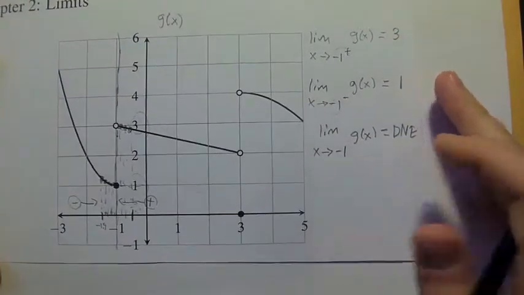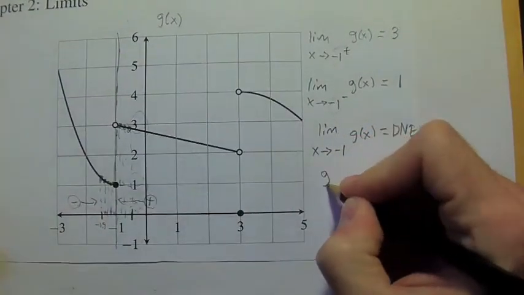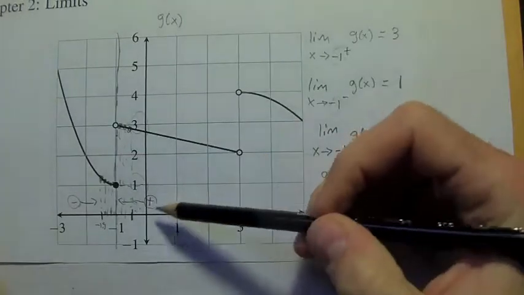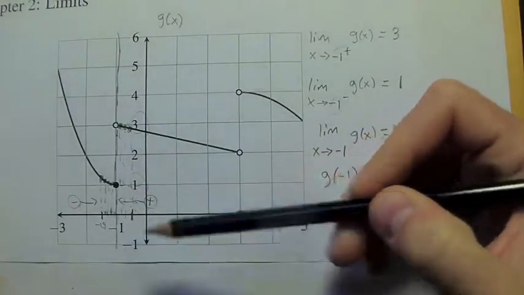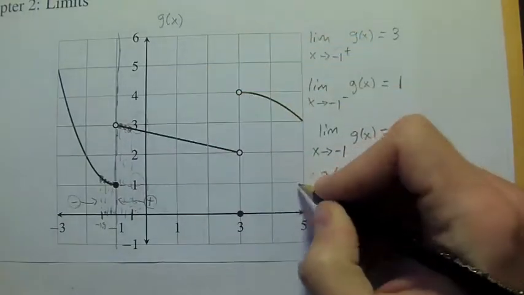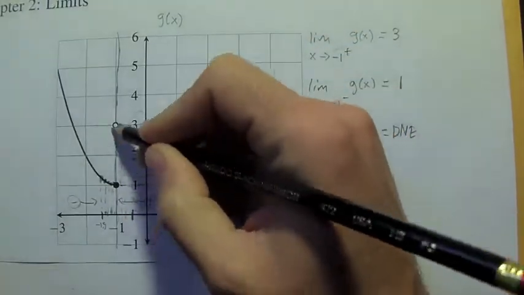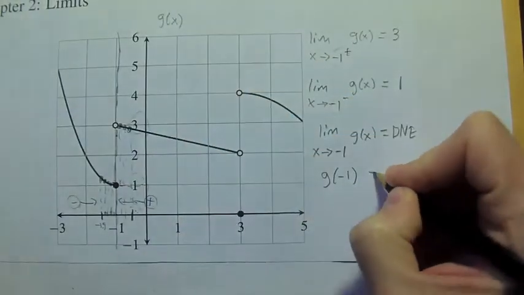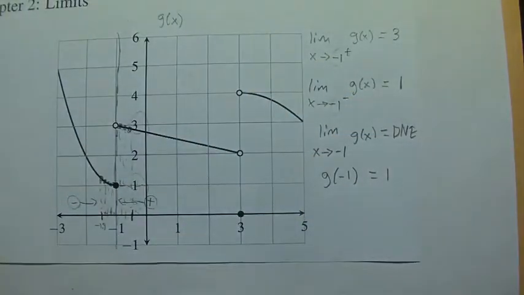All right, now, like always, now I'll look at g of -1. What is the actual function value at -1 when x actually equals -1? Well, we're looking for the closed dot, and the closed dot is right here at 1. Okay.